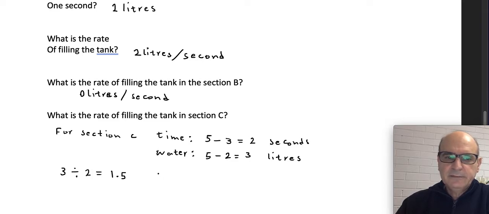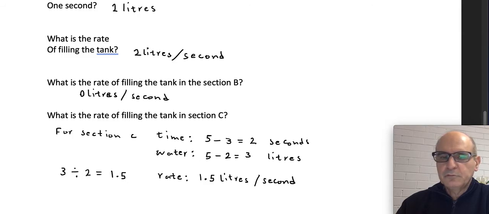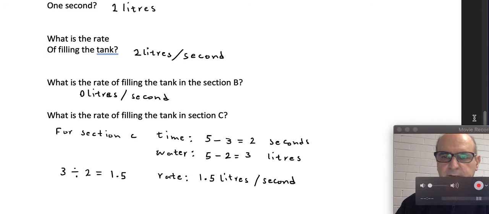So the rate here is 1.5 liters per second. Because that 3 is for 2 seconds, we want only 1 second, so we divide by 2. And that is the answer.